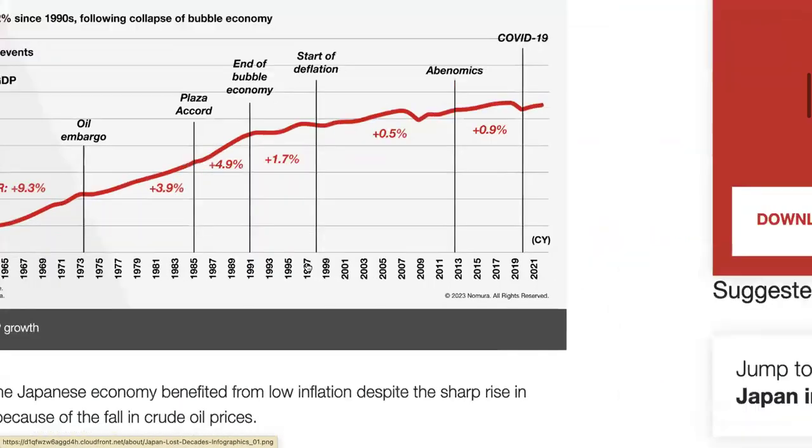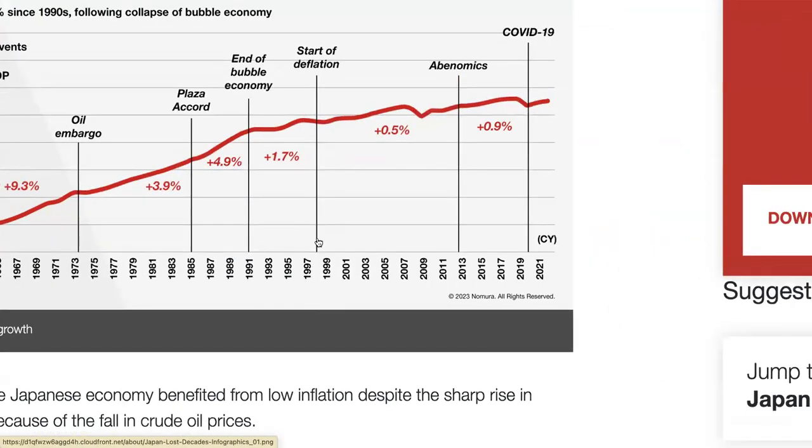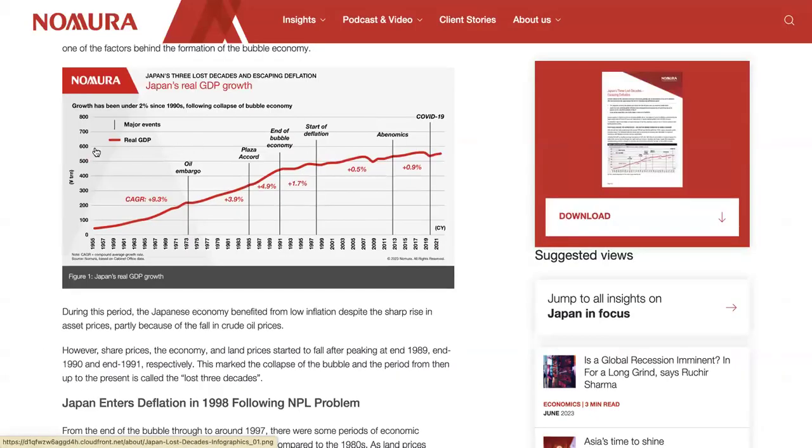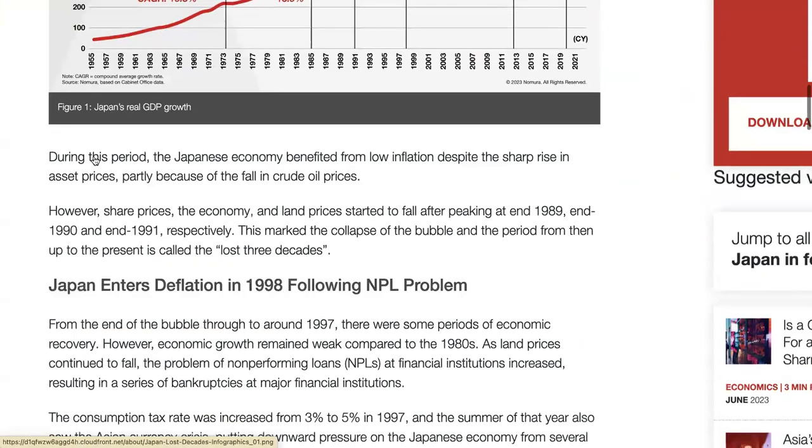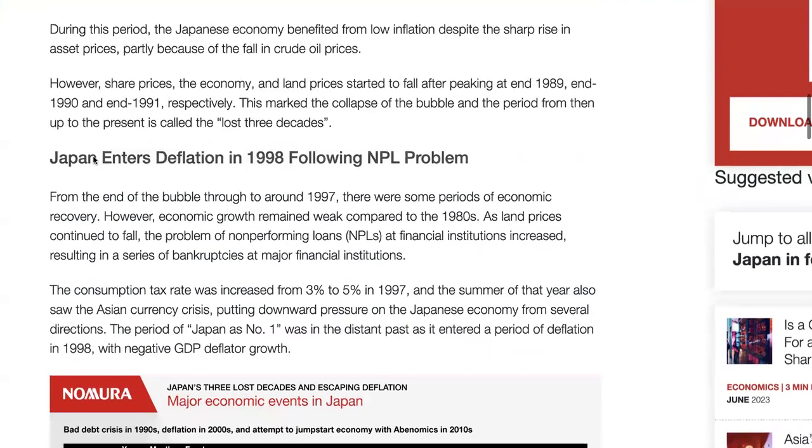Start of deflation in 1998, and what are these numbers showing? Just really slow economic growth. And they couldn't really do anything to get out of it because confidence was always so low, and there was always an expectation that things would remain cheap or things would get cheaper.